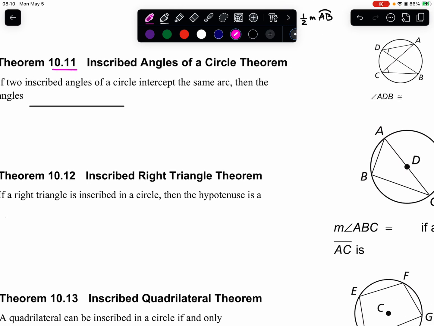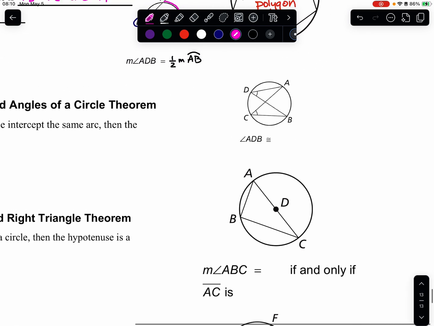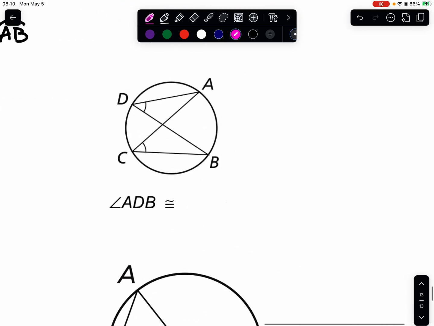All right. In theorem 10-11, inscribed angles. Notice here we now have two different inscribed angles, here and here. Notice they both capture or intercept the same arc. So those two angles would have to be the same.